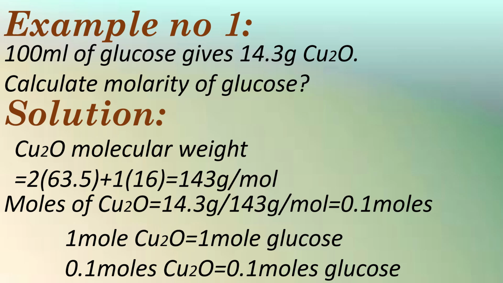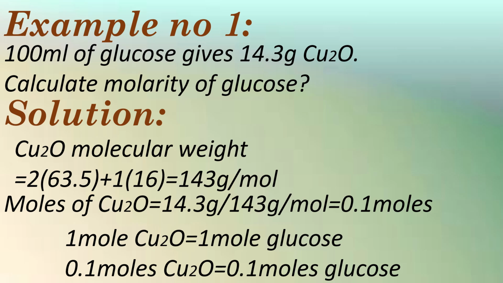Now we calculate moles of copper oxide using the formula amount over molecular weight. The amount is given in the example: 14.3 gram divided by 143 gram per mole is equal to 0.1 moles.